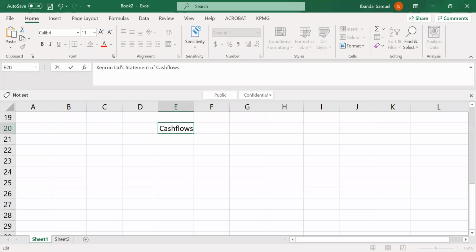Now, when you're looking at statement of cash flows, we need to understand that when it comes to the heading, this is usually for the period ended. So this is for the period ended. Just confirm what date was this. This is 30th April 2018.